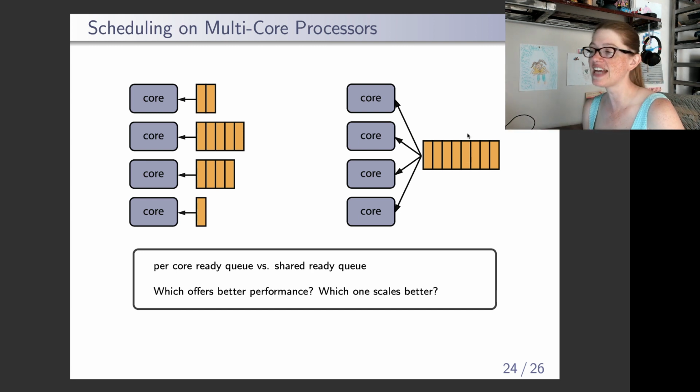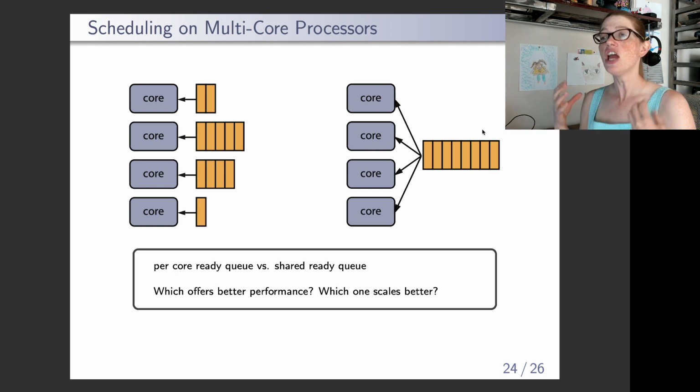One of the other interesting downsides to a shared ready queue is this idea of cache affinity. We've talked about how the TLB on the MMU gets cleared for every context switch between different processes, which makes sense, unless, of course, you use the PID field. So you get cache affinity, which is the concept that the next time you run, there's still some of your data in the cache, which means you don't have to do as many loads from physical memory as you would if the cache was cleared.